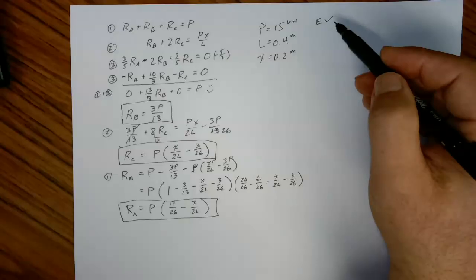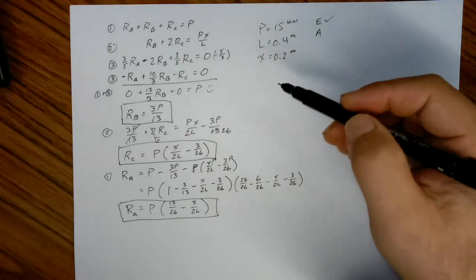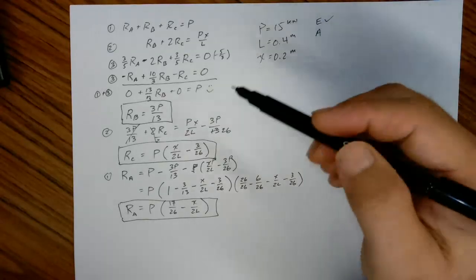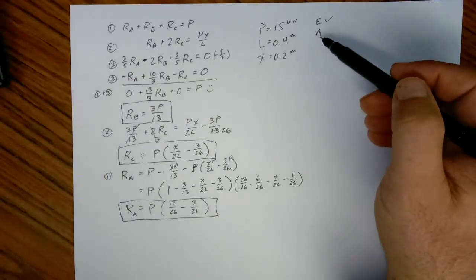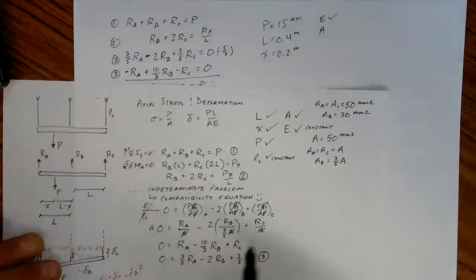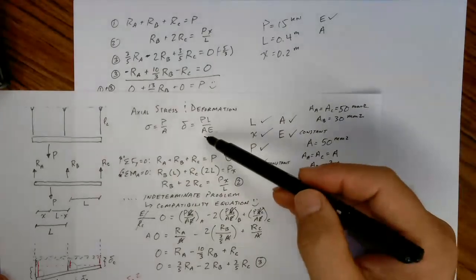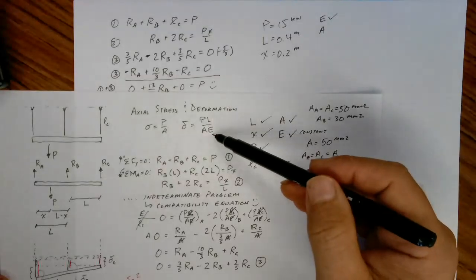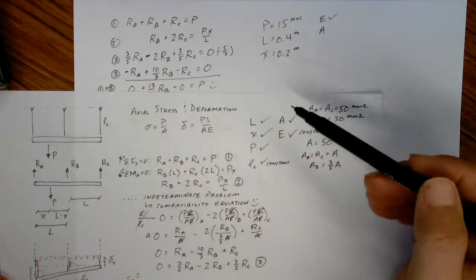We do know it, but I don't know that we need it. The values of A, we've already said what those were, 30 and 50 millimeters squared. We need that if we're going to calculate a stress or a deformation. We would need the A to calculate stress or deformation, and the E to calculate deformation. Length of the cables, L.